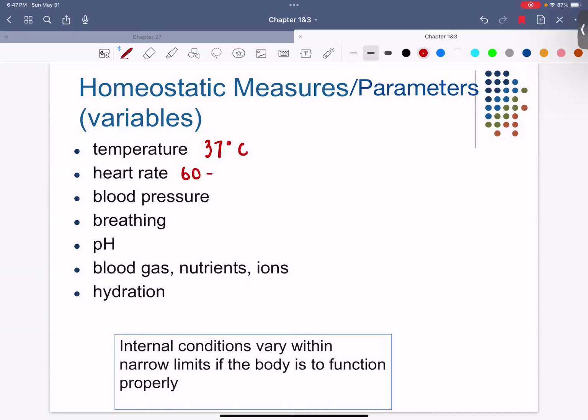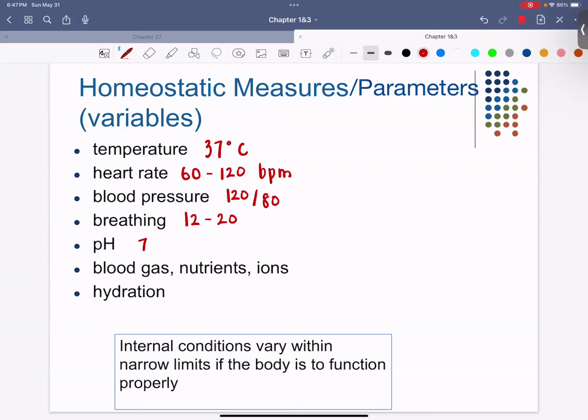Heart rate varies, it's a pretty wide range between 60 and 120 beats per minute. Our blood pressure is maintained at about 120/80. Respiratory rate varies normally between 12 and 20 breaths per minute.